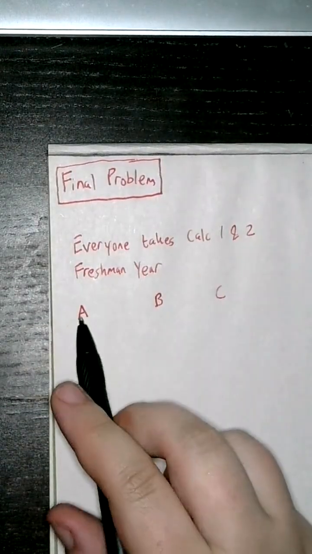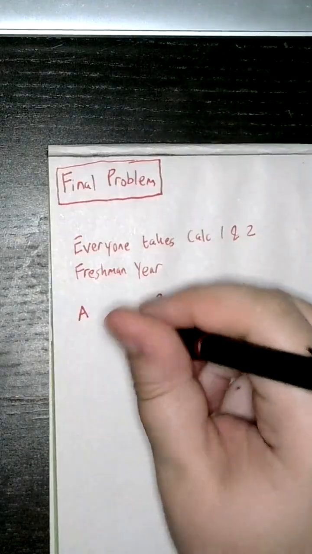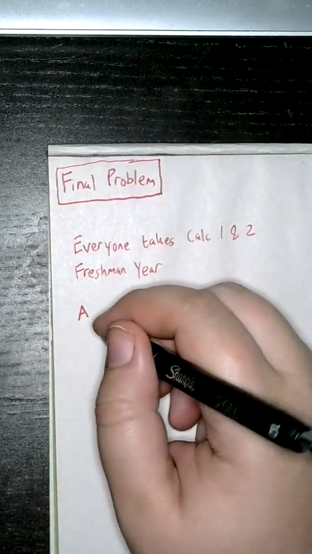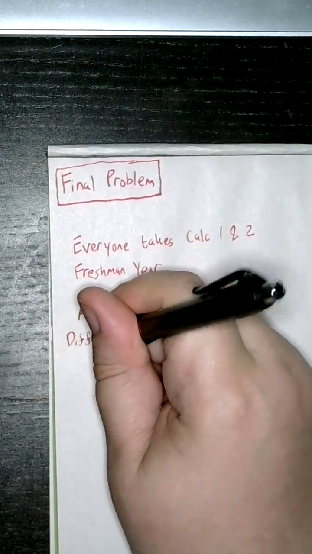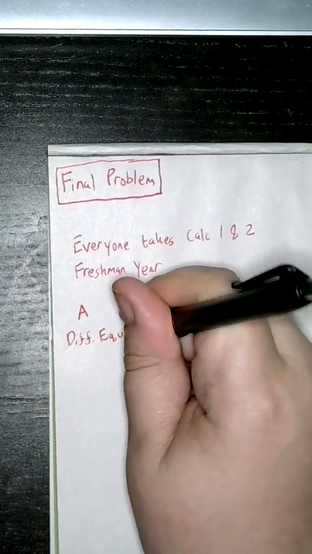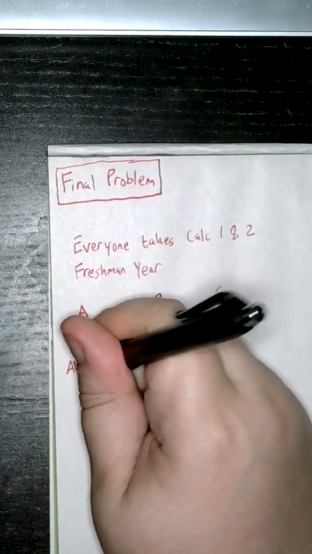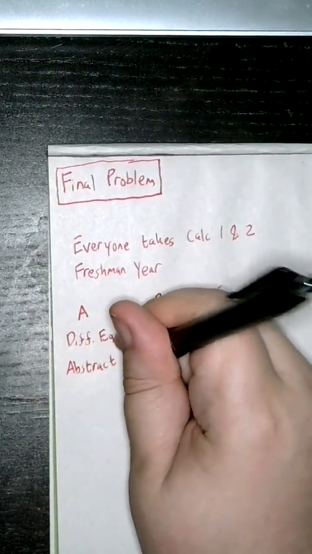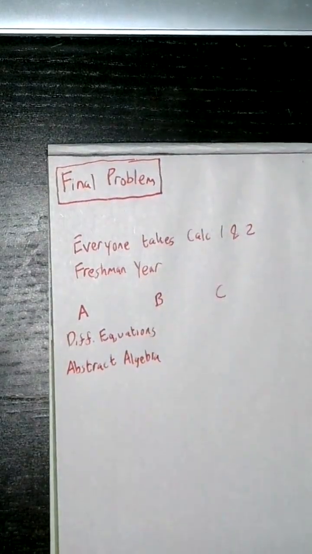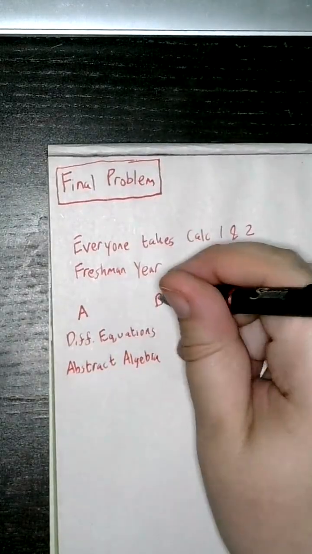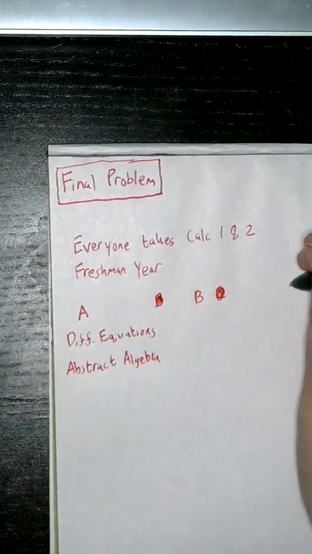I'm not sure which one is A, which one is B, and which one is C. So in my year A, it was differential equations, and it was this class called Abstract Algebra, although when I took it, it was called Modern Algebra, but that's exactly what that is. I probably should have spaced these out a little bit more, so let me do that. So this will be B, and this will be C.